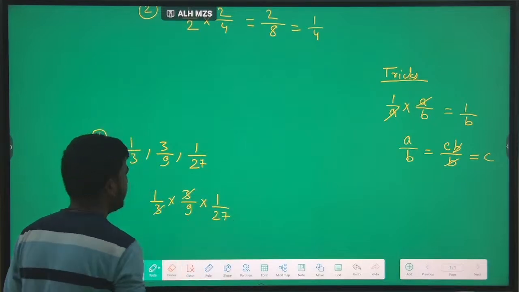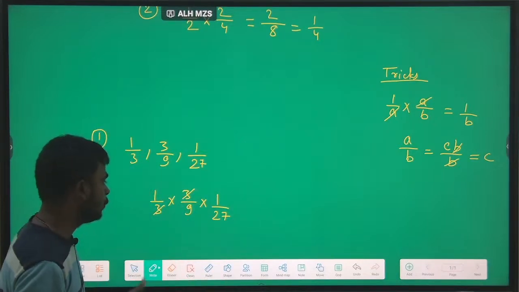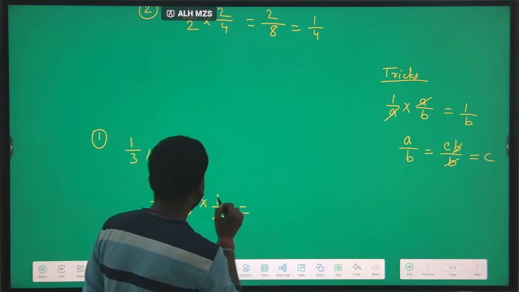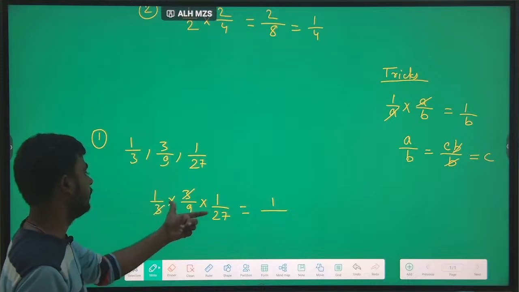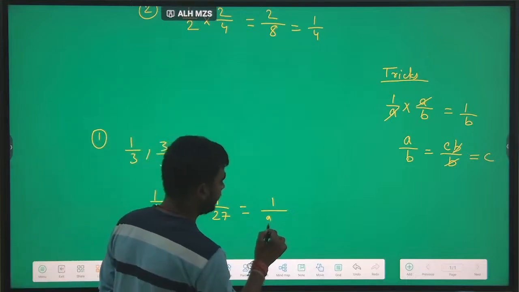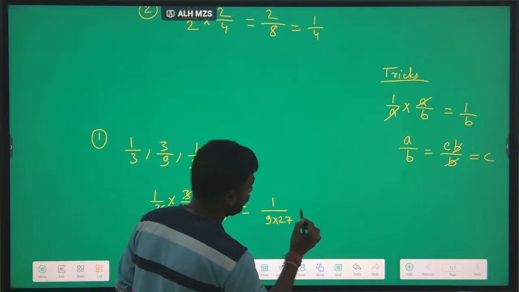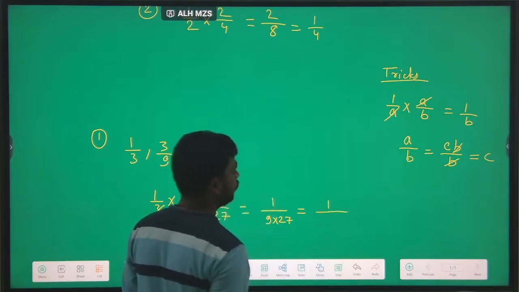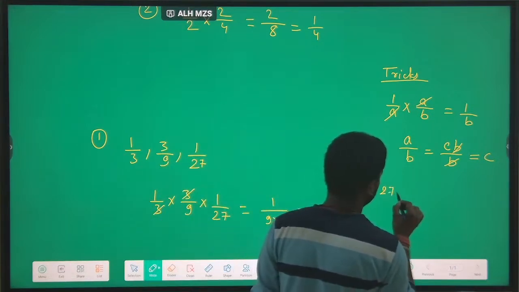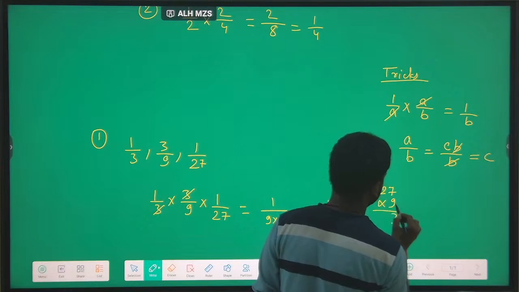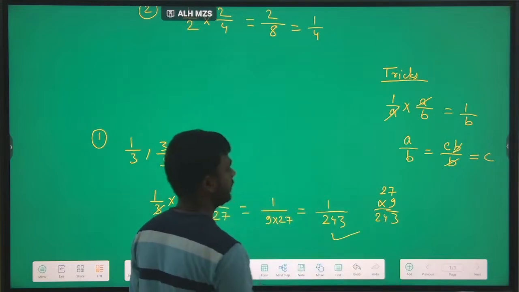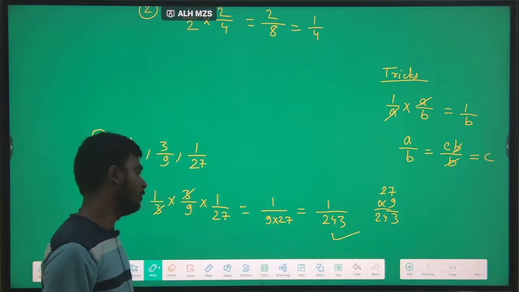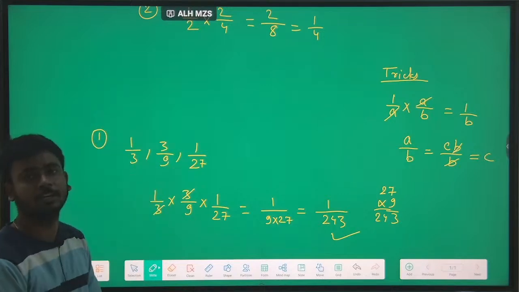We can divide this 3 and 3. Okay. So, we will get 1 into 1 as 1 in the numerator, and in the denominator we will get 9 into 27. What will be 9 into 27? 27 into 9 is 243. So, we will get 1 upon 243 as the new fraction when we have multiplied these three fractions.